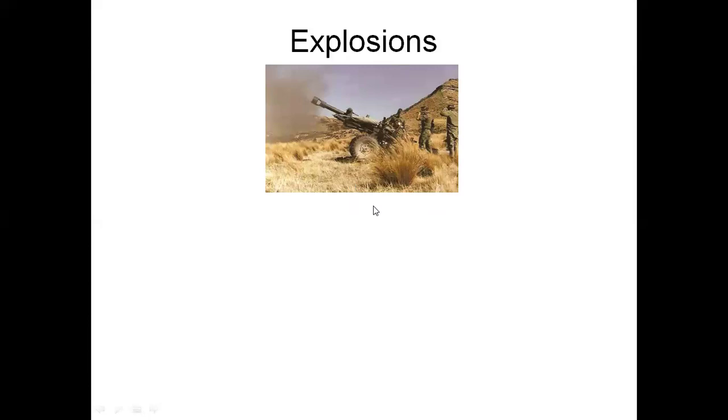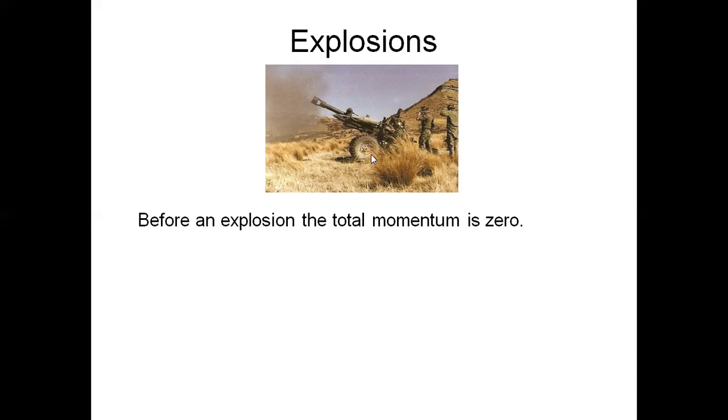Explosions. Before explosion, total momentum is 0. What comes in the example of explosion? Rifle and bullet, cannonball and cannon. When the cannonball is inside the cannon, both of them are at rest, so momentum is 0.